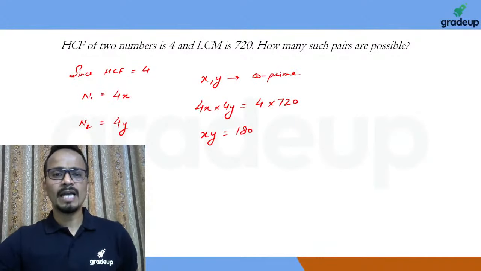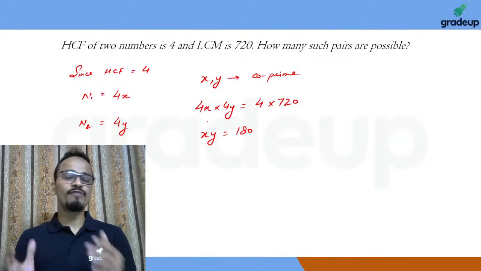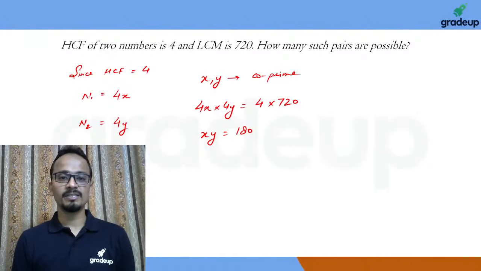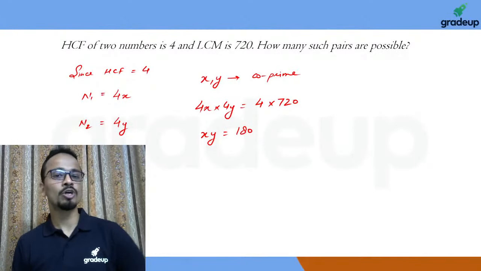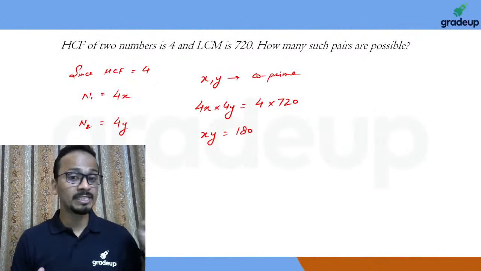Now one way of finding the values of x and y is by using the method of hit and trial. So I'll write all the possible cases in which 180 can be written as the product of two numbers, if you remember yesterday's class.